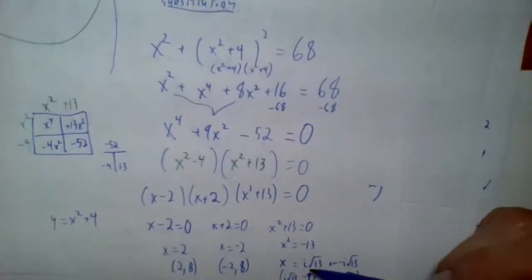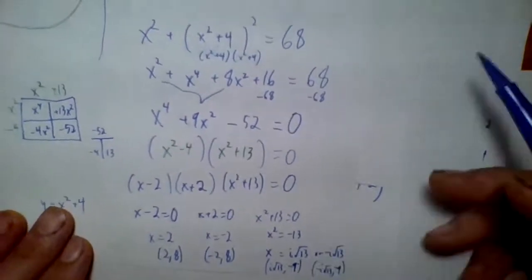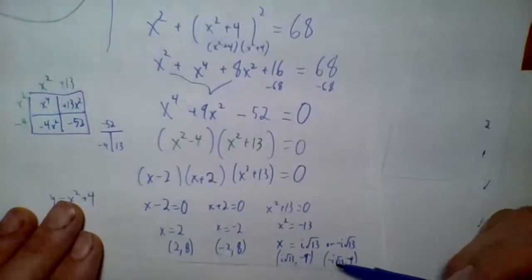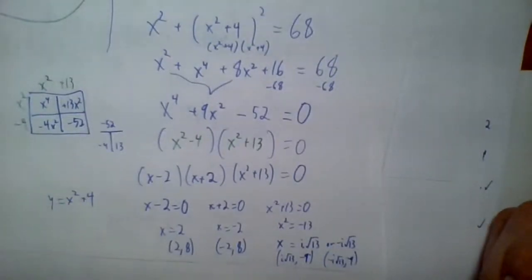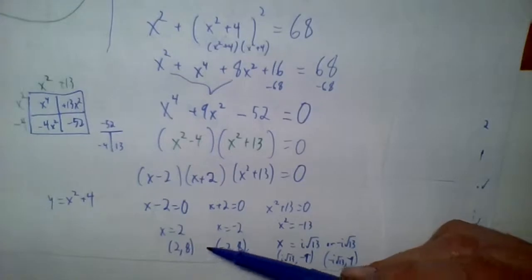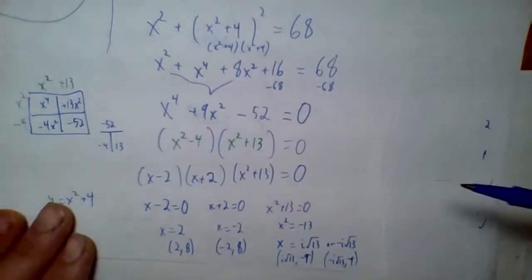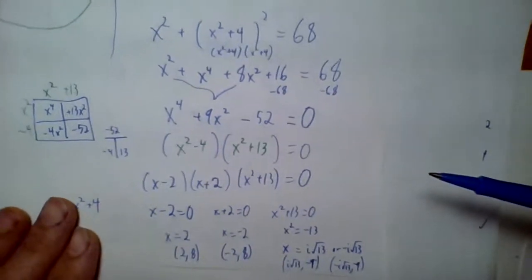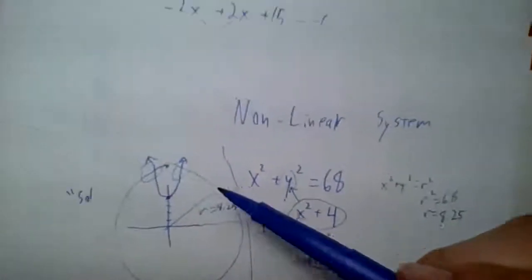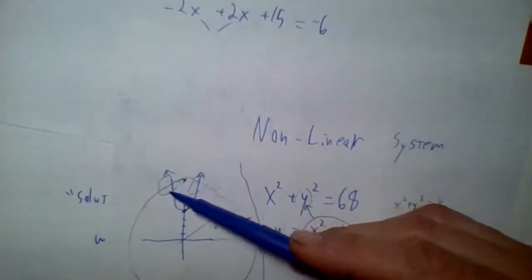So we will see a few of those nonlinear systems that end up with complex number solutions like that. That doesn't show up on your graph because we don't graph complex numbers. We only graph real numbers in the xy plane. These two things fit with our picture, negative 2, 8 and 2, 8. If you remember our picture, that looks like these 2 points.